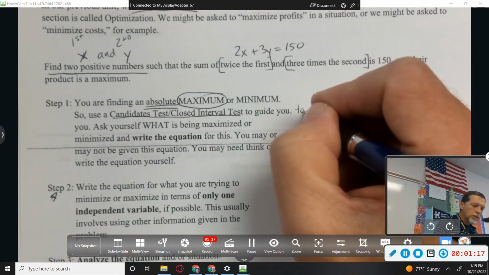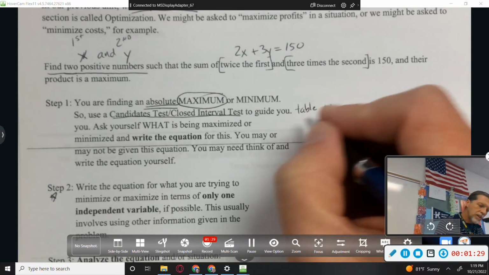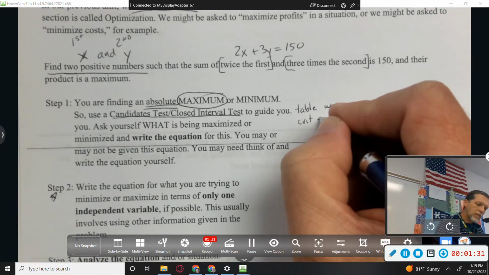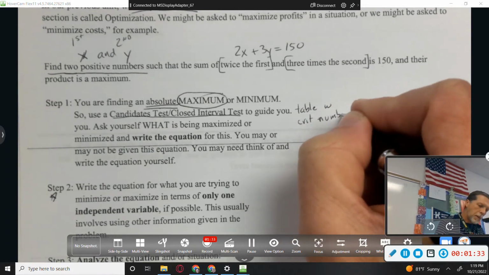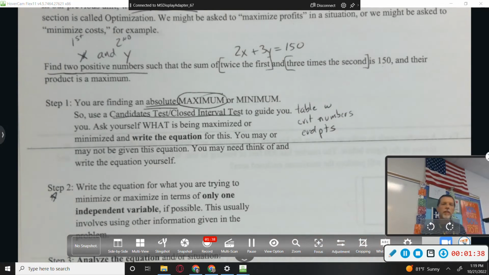But yeah, we'll need a table. And what do we need to include on that table? Critical numbers and endpoints. So we'll be making a table with critical numbers and endpoints.